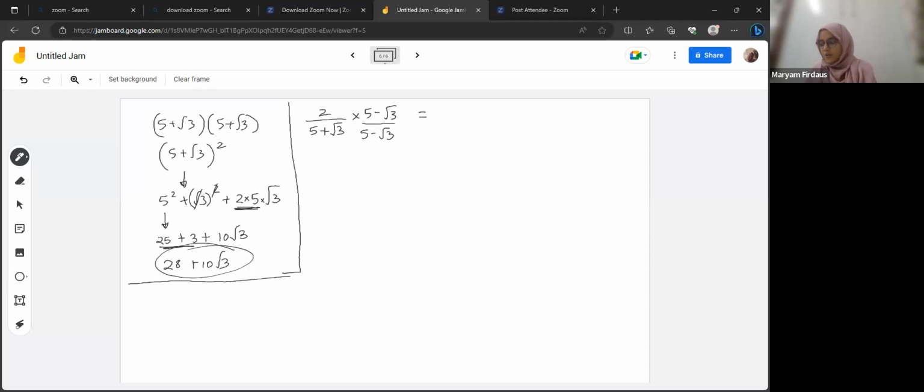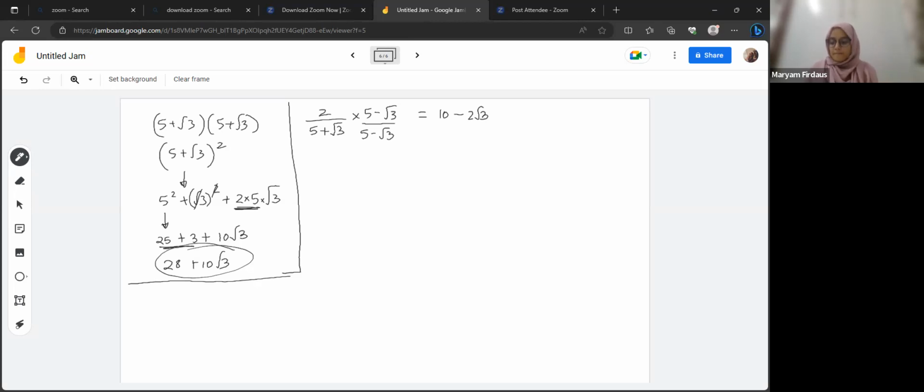Yeah, the numerator is going to become 10 minus 2 root 3. Why? Because this 2 is being multiplied with both of these numbers. It's 2 into 5 minus root 3, which is 2 into 5 minus 2 into root 3. Please don't make these silly mistakes in your exams, okay? Because for no reason, you will lose marks then.